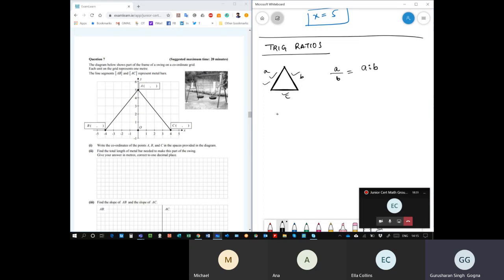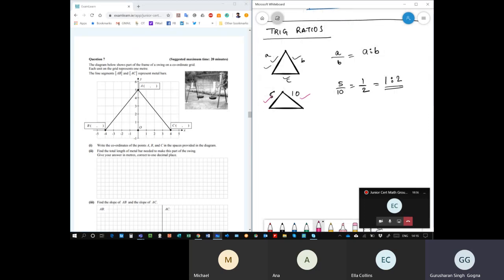Comparison means we are saying that, for example, this length is 5 and let's say this is 10. So I can say 5 over 10, which is actually 1 over 2, and 1 over 2 can be written as 1 is to 2. So the ratio between the size of this side and this side is 1 is to 2. Okay, so which means one side is double of the other or 2 times the length of the other side.